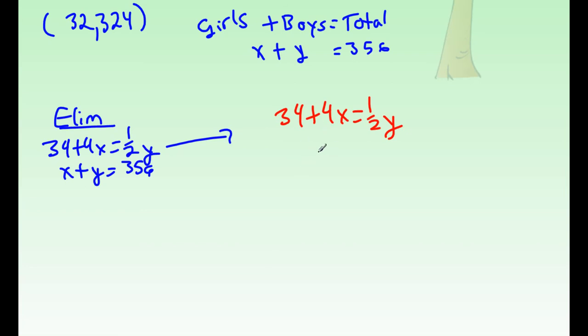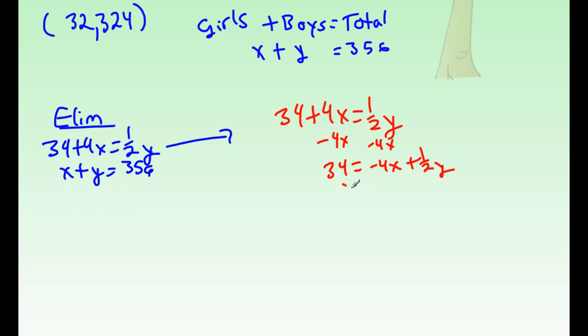Ready? Watch this. Minus 4x. That gives me 34 equals negative 4x plus 1/2 y. So I have my x's and y's on one side, everything else on the other.